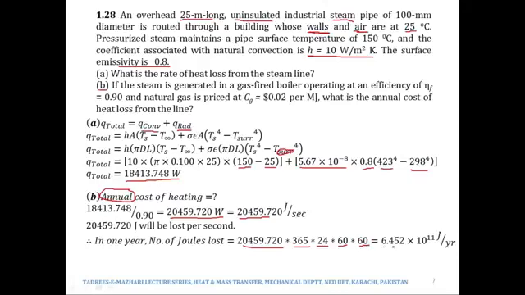So we get so many joules per year. So 6.4 exponent 11 joules would be lost in 1 year.